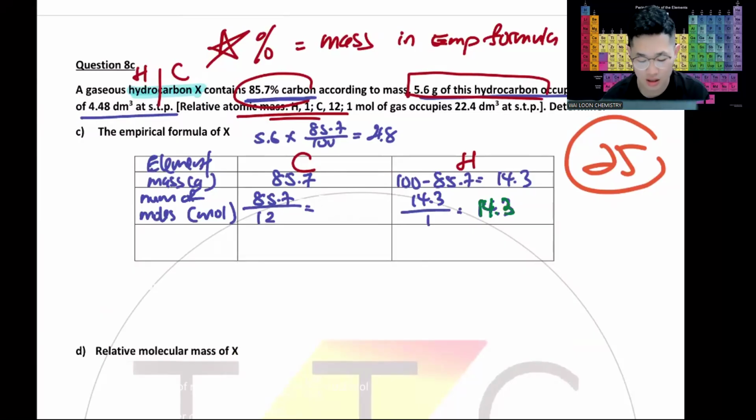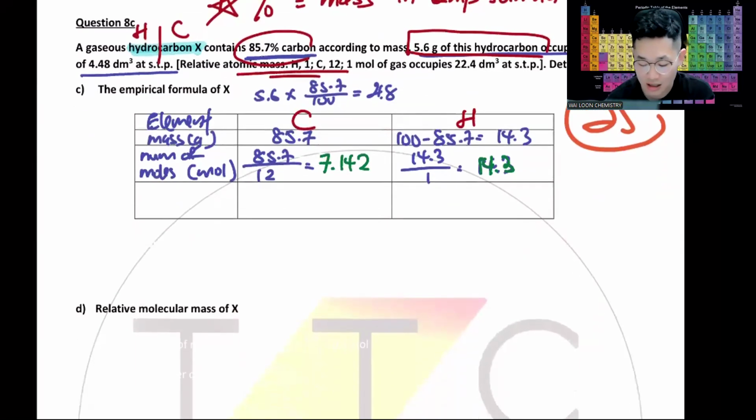Okay, 7.142. You must write 3 decimal places. Then next, our mole ratio. 7.142, bring it down. The other one also bring it down.